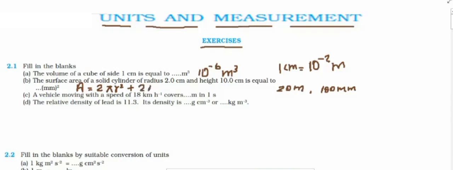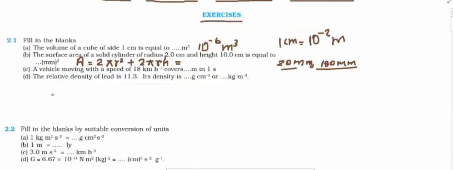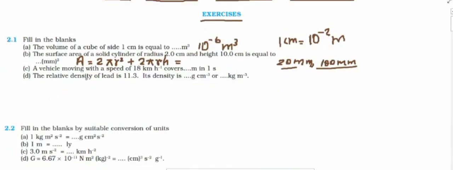So 2 pi r is the breadth of the curved part and h is the length of the curved part, and you can calculate the answer by substituting these values both in millimeter, so that you will get the answer in millimeter square.